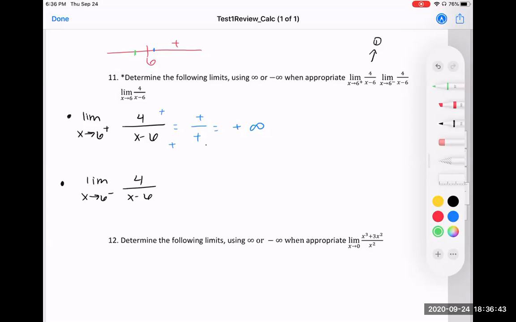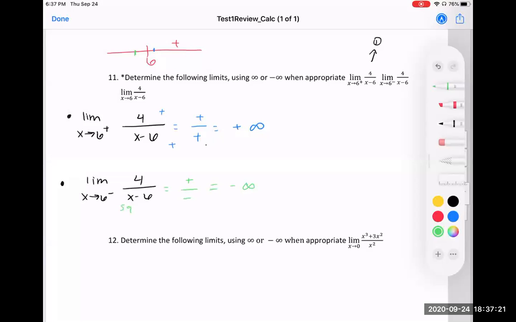Think of 5.99, for example. If you subtract 6 from the denominator, you'll get a negative, and no matter what number to the left of 6 you choose, you'll always get a negative. In the numerator, we still have that positive 4. A positive divided by a negative gives us negative infinity.